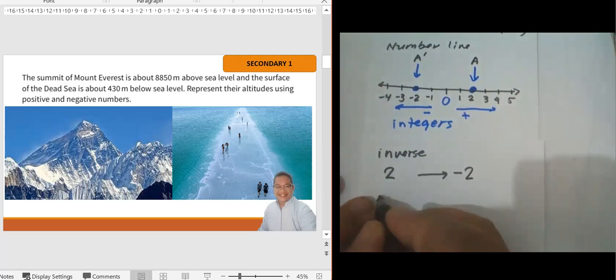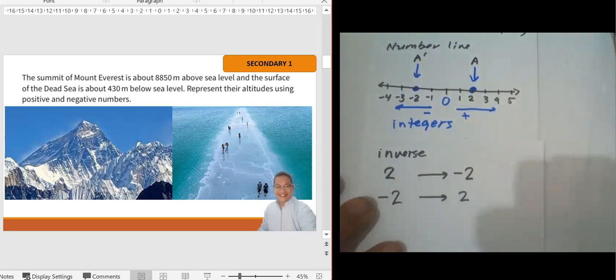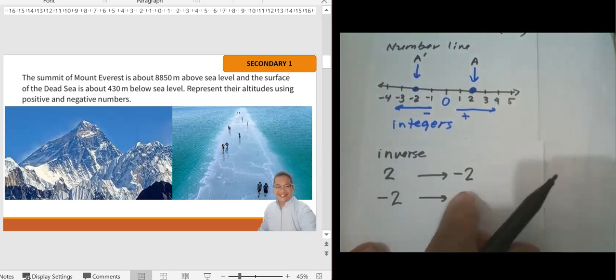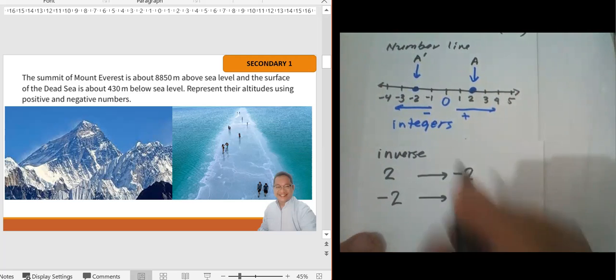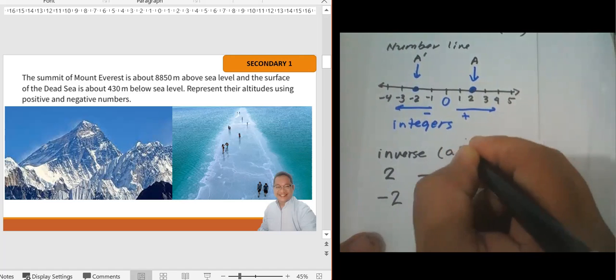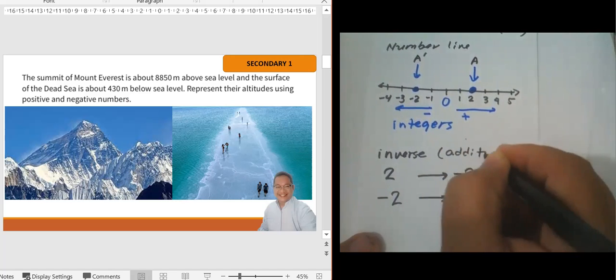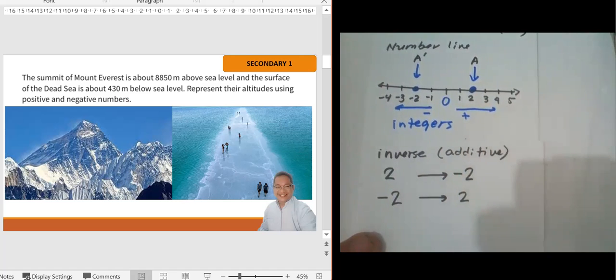So -2, therefore, is the inverse of 2. It is specifically what we call the additive inverse, because there is another term, which is multiplicative inverse, but this one I'm just referring to additive inverse. So for example, 4. What's the inverse of 4? -4. What about -3?